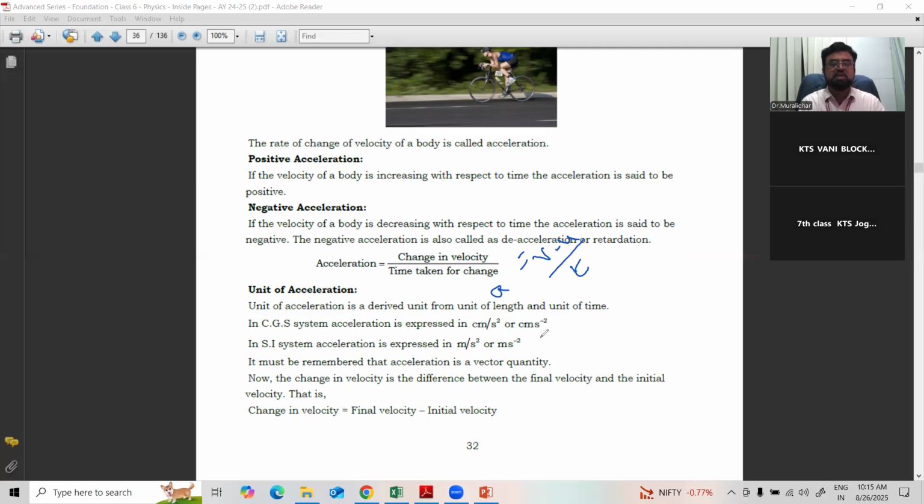In the CGS system it is centimeter per second squared, and the SI unit is meter per second squared. It must be remembered that acceleration is a vector quantity because we are considering velocity. The change in velocity is the difference between final velocity and initial velocity, that is V minus U.